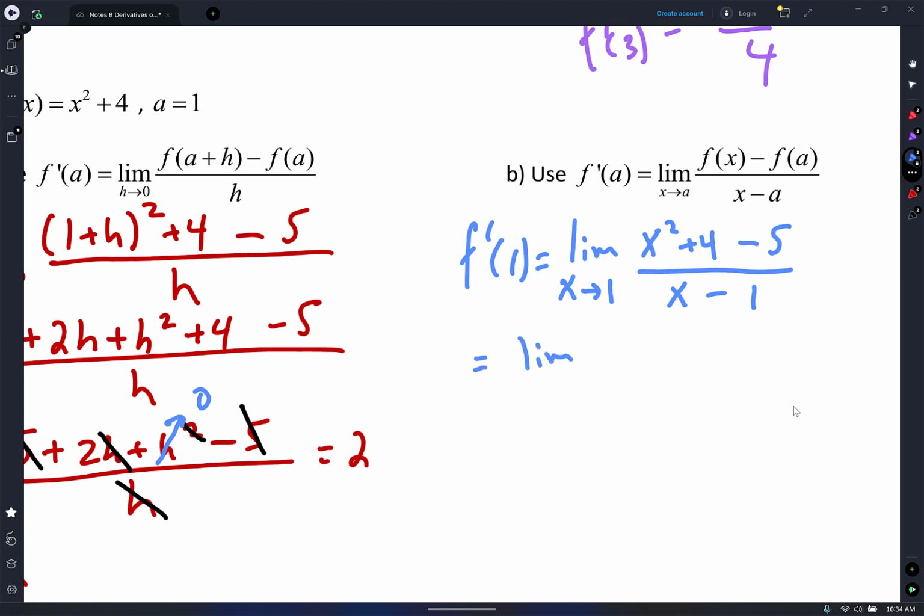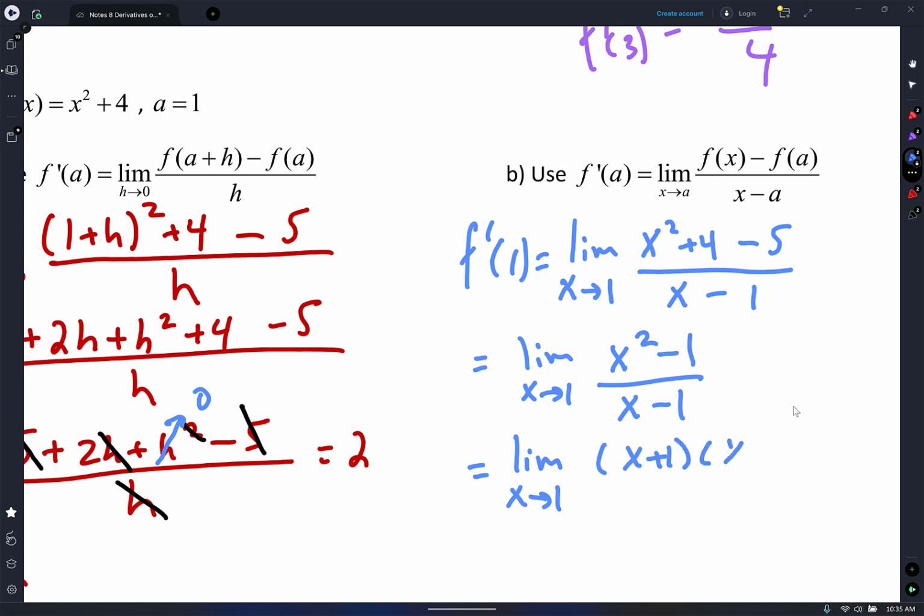So the limit as x approaches 1 of x squared minus 1 over x minus 1. At the moment, you can't do anything about it, but you notice that the numerator is a difference of squares, so I can factor that. The numerator I'm going to write as x plus 1 times x minus 1, all over x minus 1.